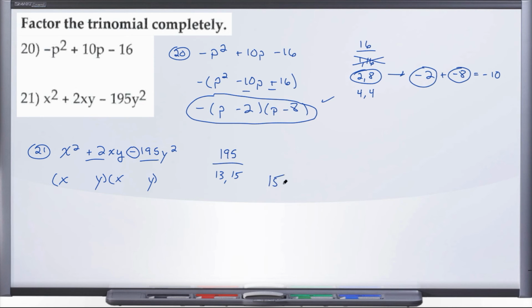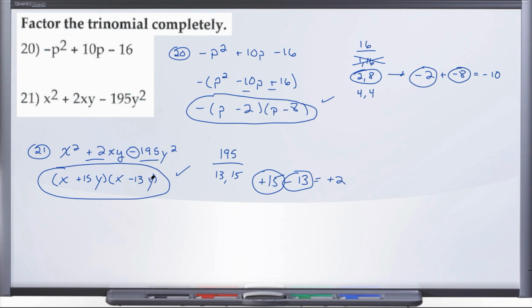If we have a +15 and subtract a 13, we will get a +2, won't we? So a +15 minus 13 gives us a +2. So plus 15, minus 13, and there we have the factors for number 21.